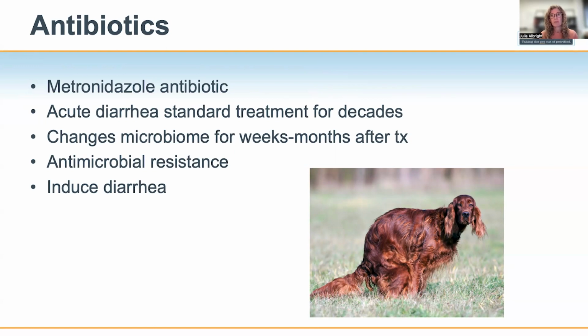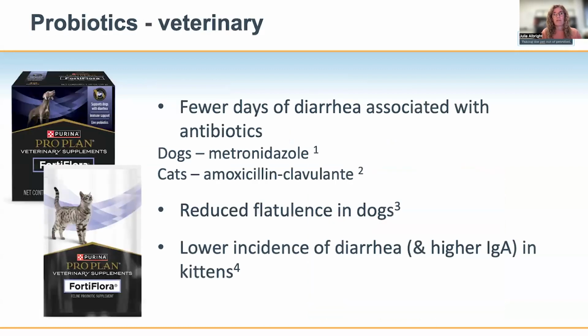So this seems to be a factor that can contribute to antimicrobial resistance through the use of these broad spectrum antibiotics, but they can also actually trigger diarrhea in certain animals. And in fact, we've used metronidazole in studies. The references are at the end of this talk if you would like to read more about the details of these studies I'm about to briefly talk about.